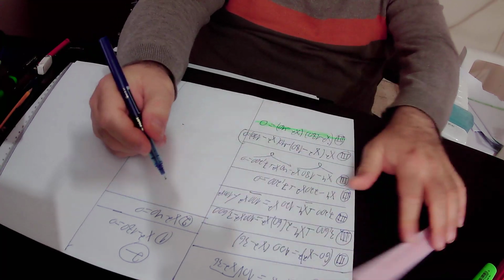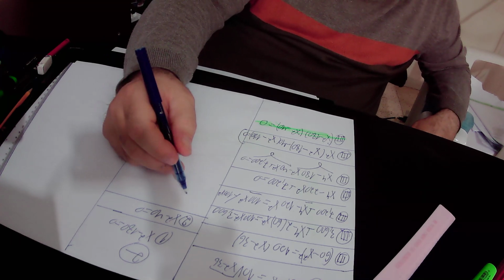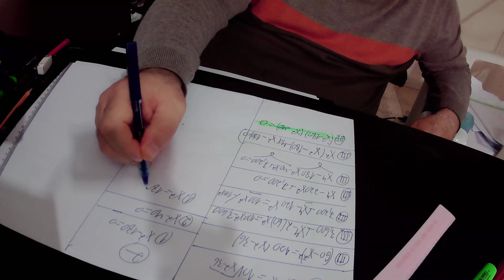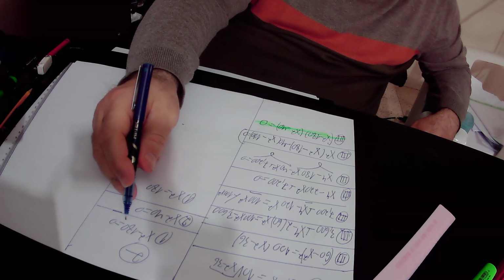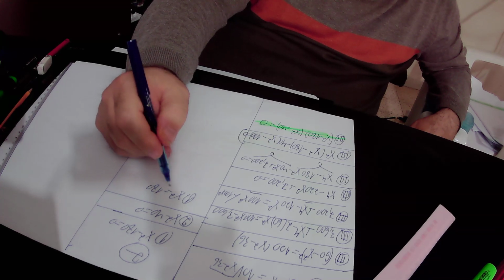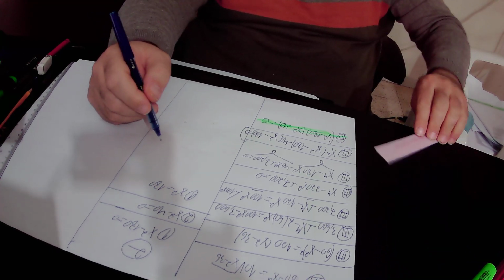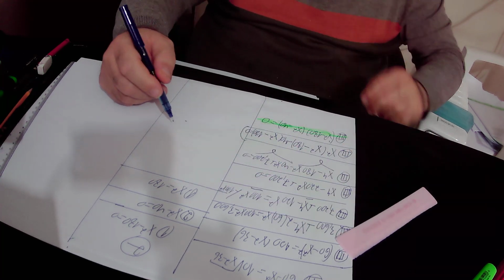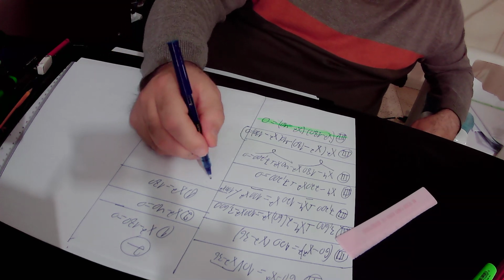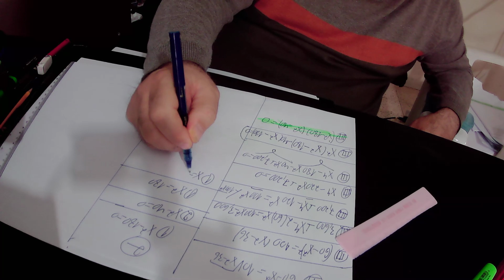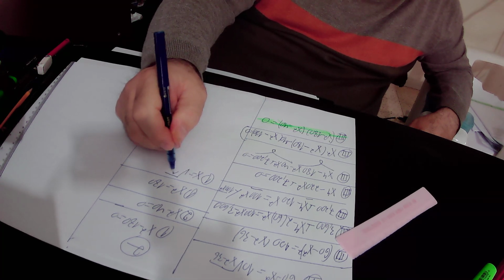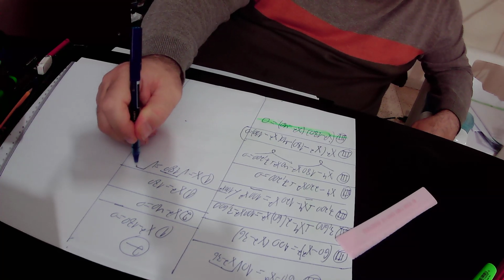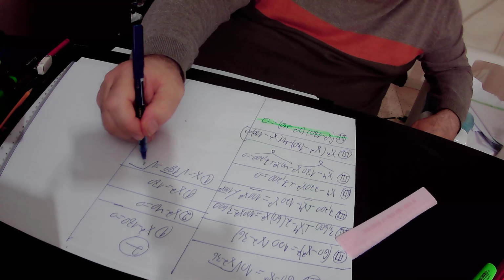So according to the first solution, x squared equals 180. Here we added 180 to this equation number 1, and we got that x squared equals 180. We will take a root out of this equation, and we get that x equals the square root of 180. 180 is 36 times 5.